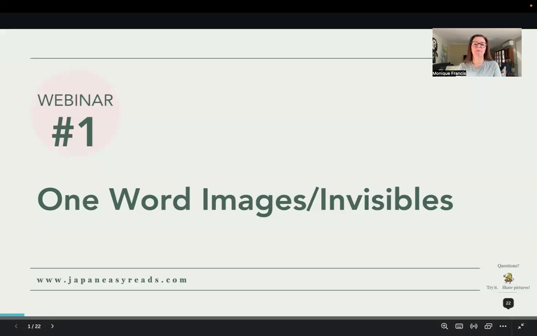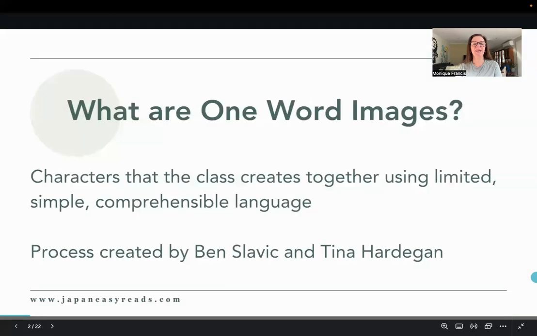It can also be extended to older classes or more competent year levels that have had more exposure to Japanese. So as far as a CI technique, one-word images really gives you big bang for your buck. So let's make a start.